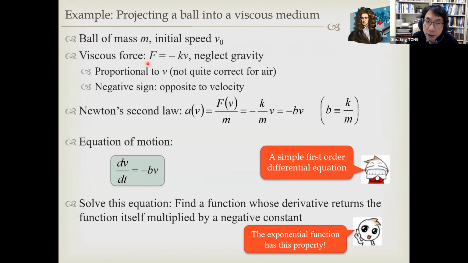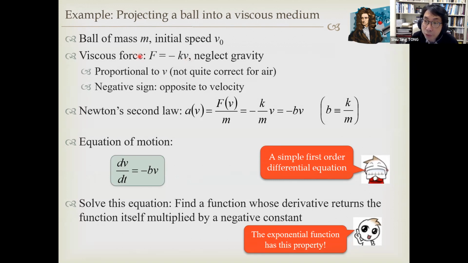And so the viscous force is given by this empirical formula. It is proportional to the velocity. So the higher the velocity, the larger the resistive force. Imagine if you are flying fast in the medium, you will experience a larger resistance. That is what the equation means.